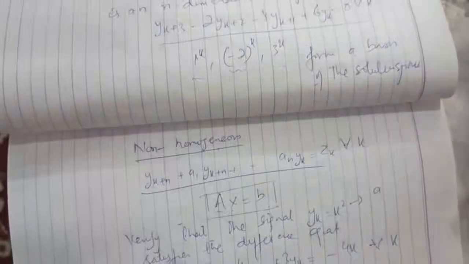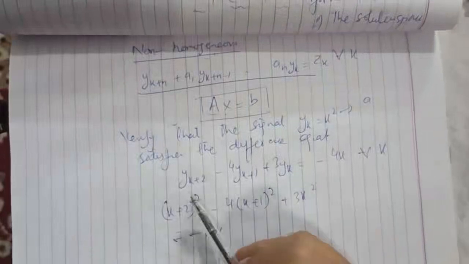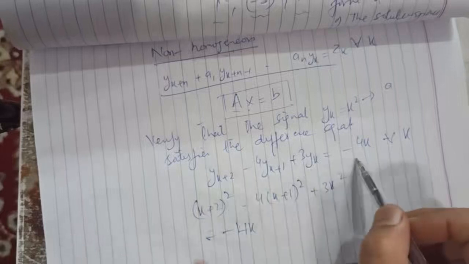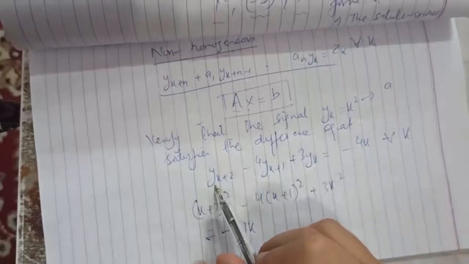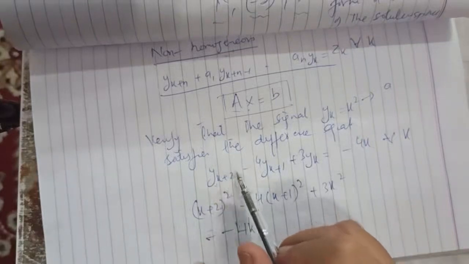Now if I find an auxiliary equation for this equation, we put this one equal to 0, and instead of y I assume that y of k is nothing but r to the power k.